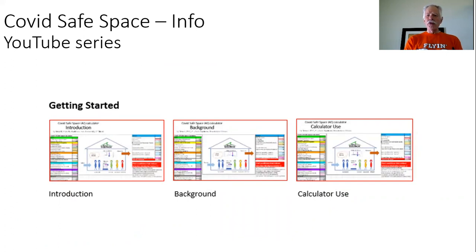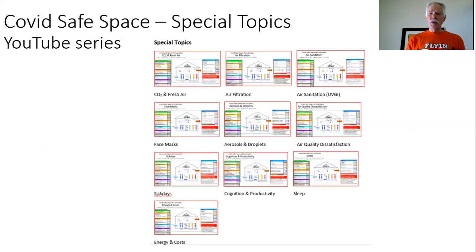Now, this series is built upon several small YouTubes meant to be instructional, hopefully sometimes interesting, but most likely not, given my monotone manner of speaking. But up front, this introduction, a background, and then a little bit of a tour around the COVID Safe Space IAQ calculator. And then a series of small YouTubes that provide background.